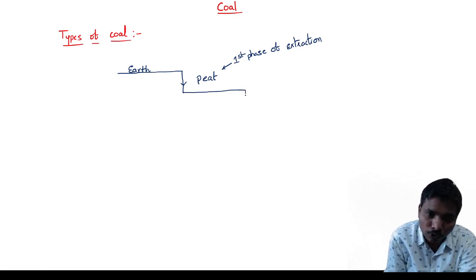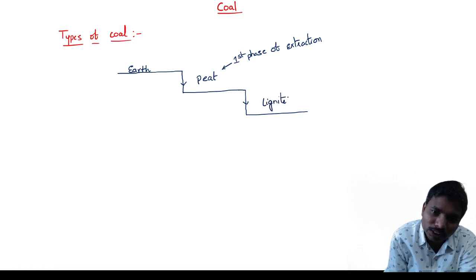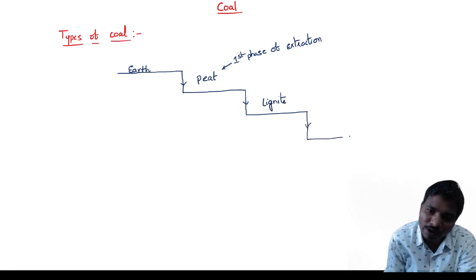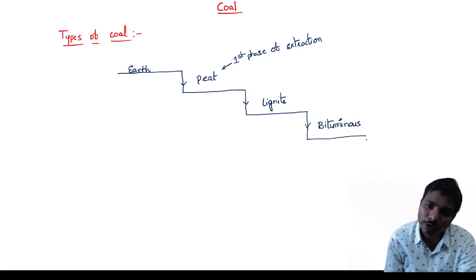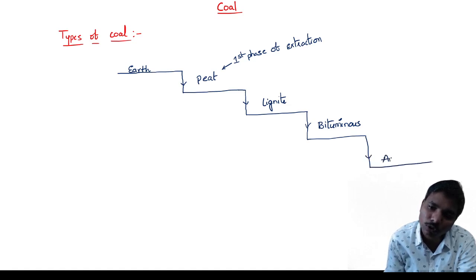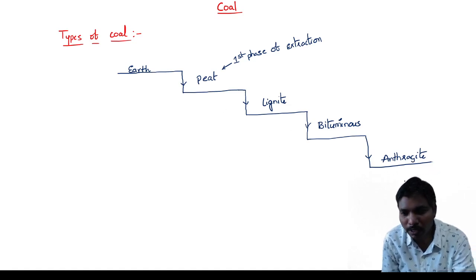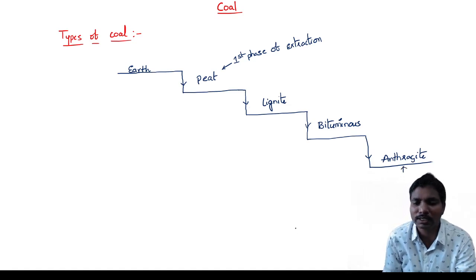After that, if you go deeper, you will get the second type of coal, lignite. If you go further into the earth, you will get a very good coal called bituminous. If you go deeper again, you will finally get the best type of coal, anthracite.